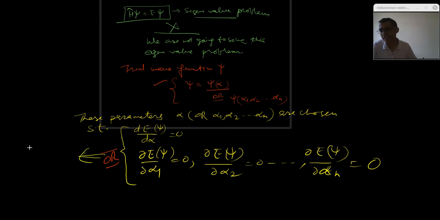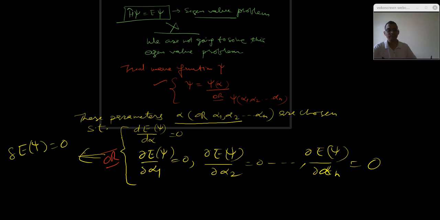In some texts it is also written as delta E psi equals 0, right? So we have to choose those values of alpha for which this energy will be minimum.